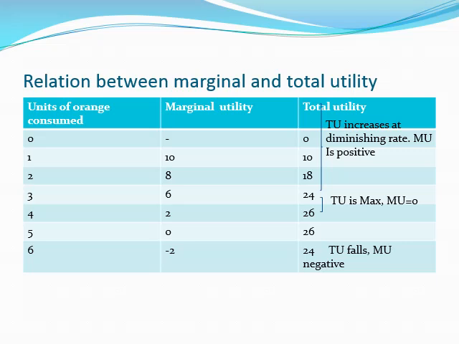At 0 marginal utility, total utility is at maximum. The fall of total utility will happen when marginal utility is negative.